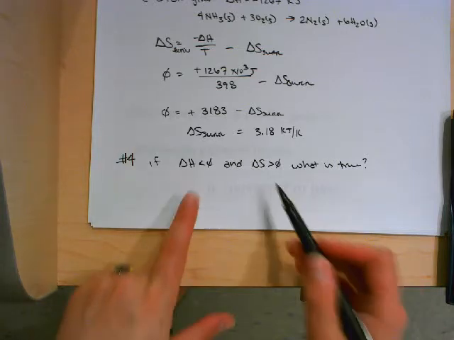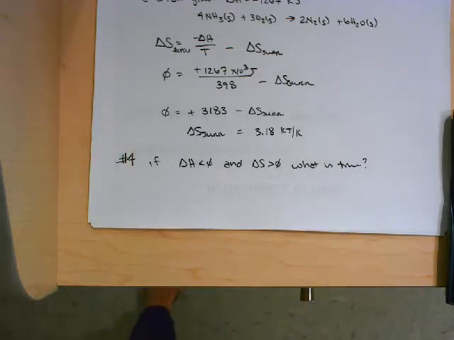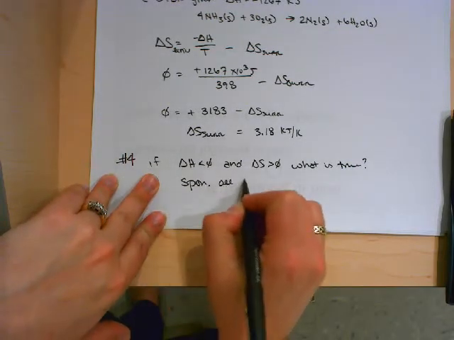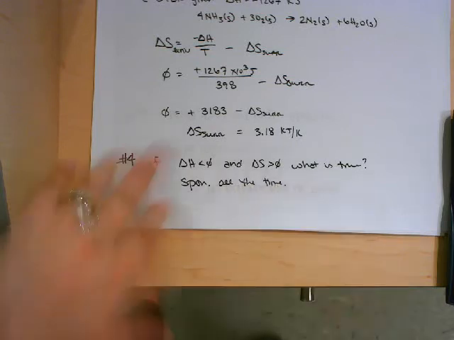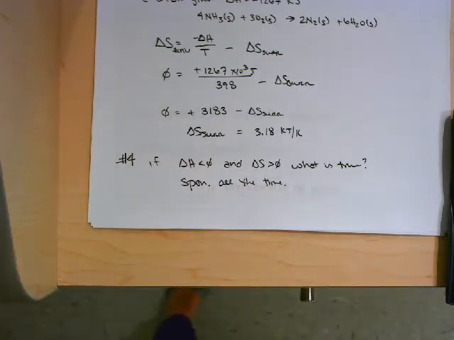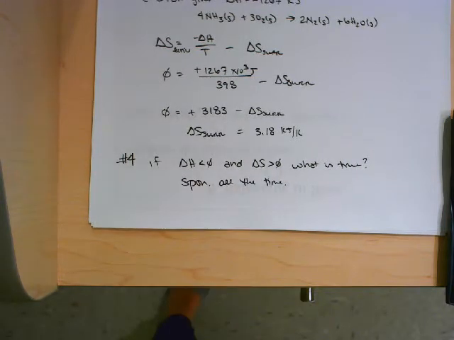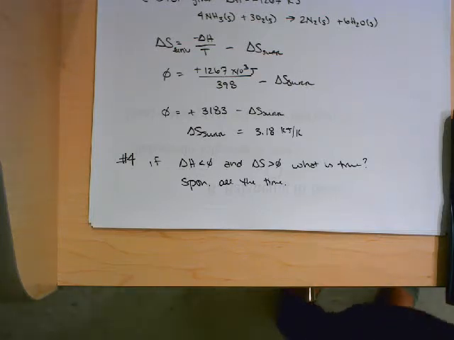Spontaneous or non-spontaneous if I have this set of parameters? Spontaneous at what temperature? All the time. Right, because exothermic and increasing entropy is like the magic combination. They'll be spontaneous all the time.